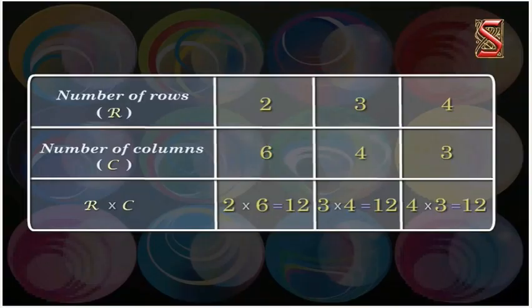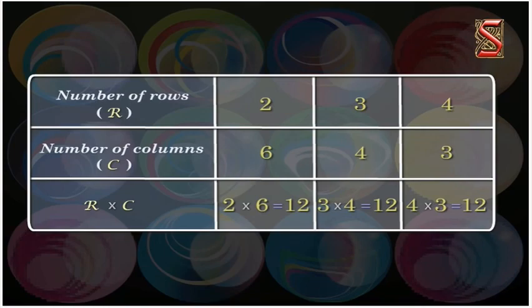So now let us analyze the number of rows and number of columns formed by 12 marbles in a tabular manner. In the first situation, we had considered 2 rows of marbles. So each row had 6 marbles and 2 6s is 12. So totally 12 marbles were there in the first arrangement.